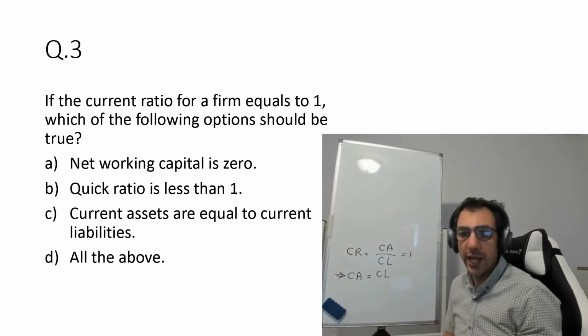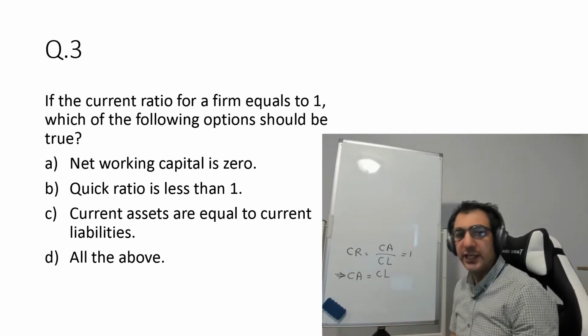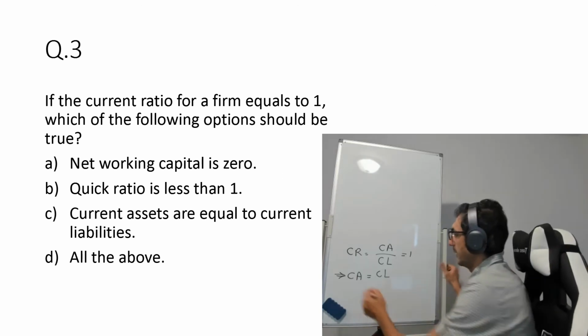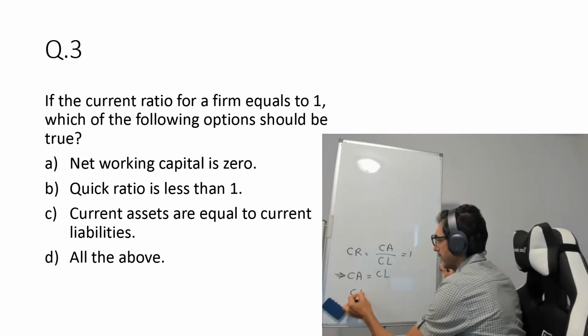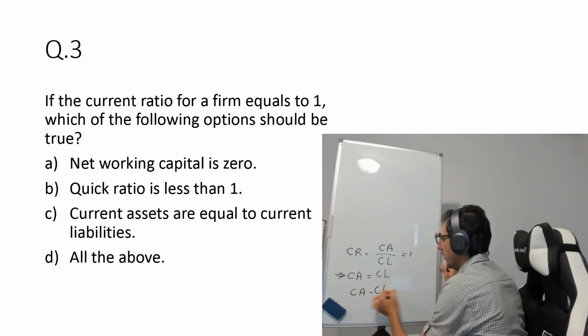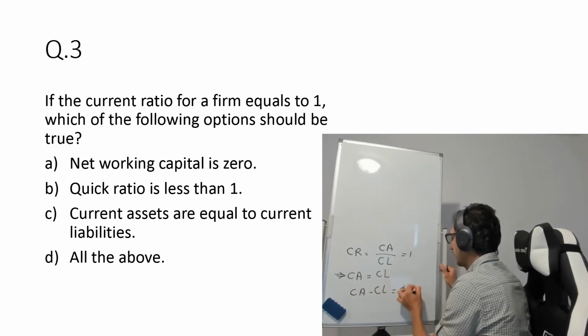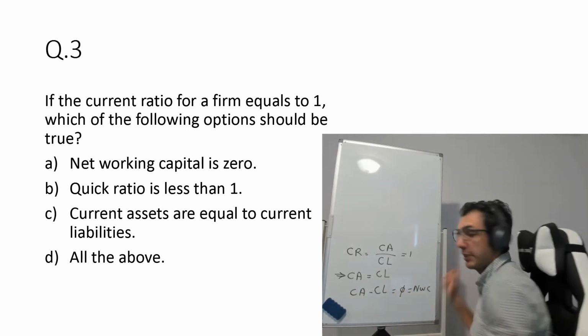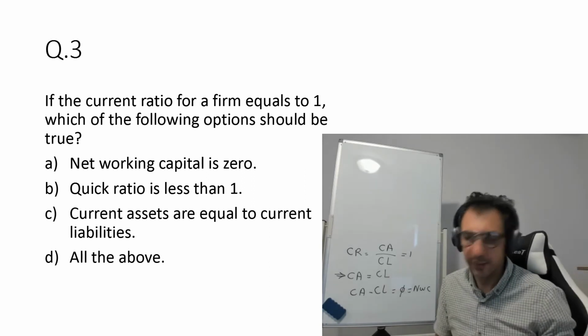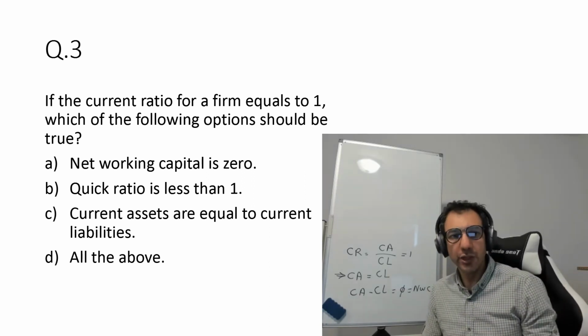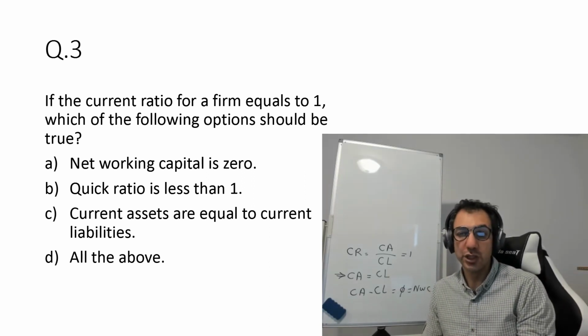They are equal. And we know the net working capital is current assets minus current liabilities. So if they are equal, your net working capital should be 0. That's the takeaway point. So when you look at the options, you see net working capital is 0, which is correct.